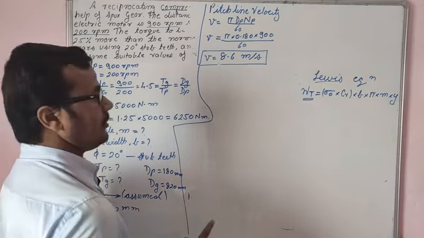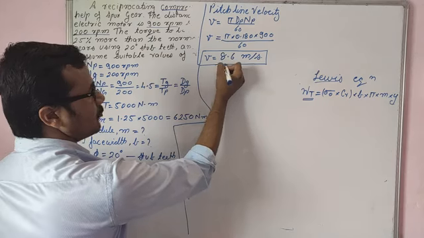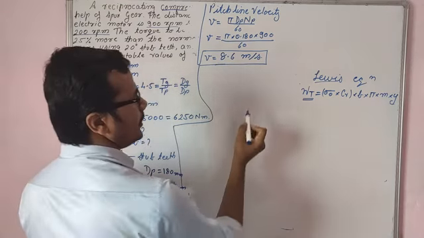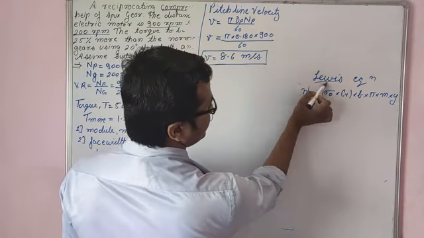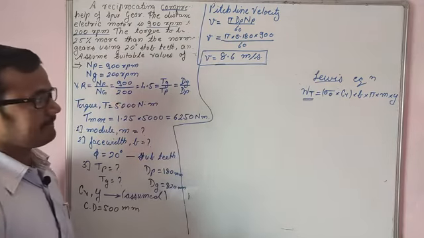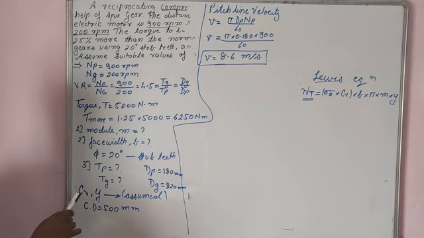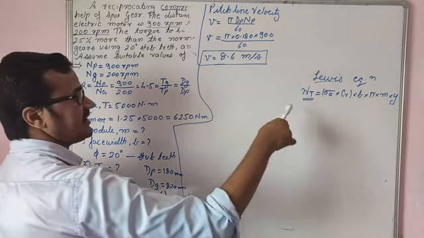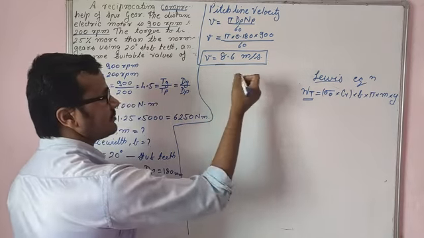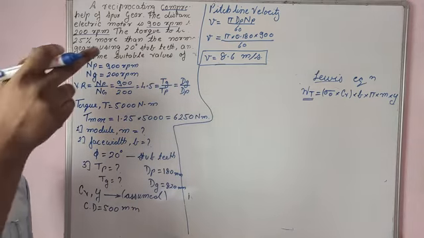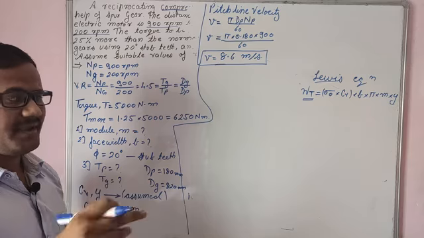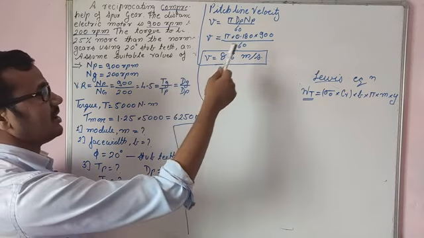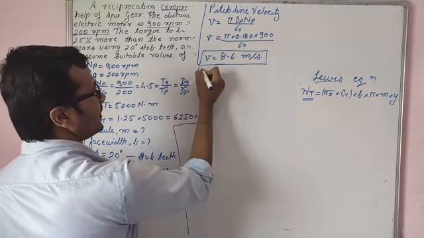But why we found pitch line velocity was to find CV, that is the velocity factor, and it is given in the question that the velocity factor has to be assumed, right? Now we have different expressions for CV: CV equals 3 upon 3 plus V, CV equals 6 upon 6 plus V, based upon the pitch line velocities.